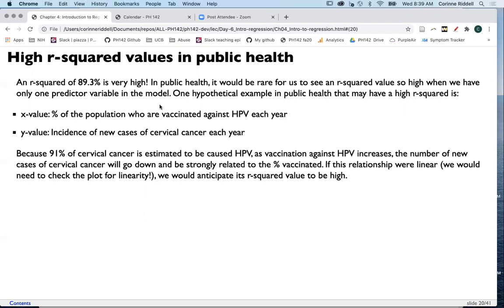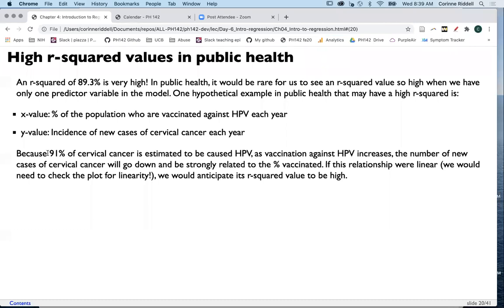So one example I gave where you might see a strong relationship was if you looked at, as your X variable, the percent of the population who's vaccinated against HPV, and that has increased really prominently over time, right, since the vaccine was introduced, and also with your Y outcome as the incidence of new cases of cervical cancer, those things will be really inherently tied.